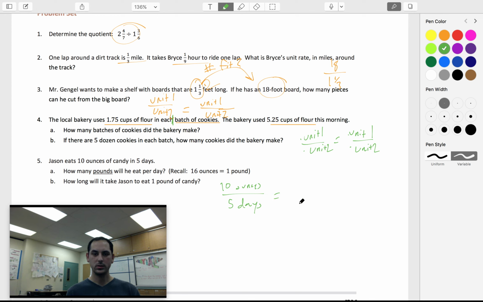How do you change this to 1 day? Right? So how many ounces is in 1 day is what you need to find out first. Then you need to take this, bring it down, and you have to multiply it by this fact here. And you have to think, do I put ounces on top or on the bottom, pounds on top or on the bottom? And then how long will it take Jason to eat 1 pound of candy? So this one is definitely a challenge problem. Do your best on this.